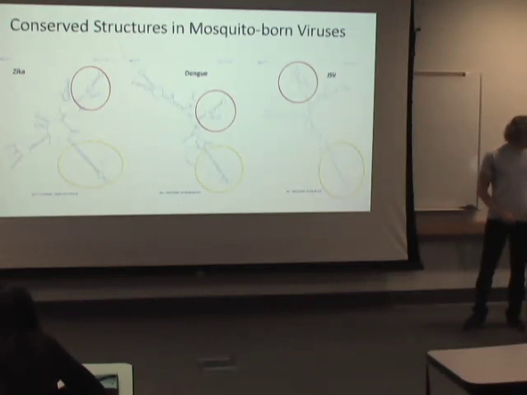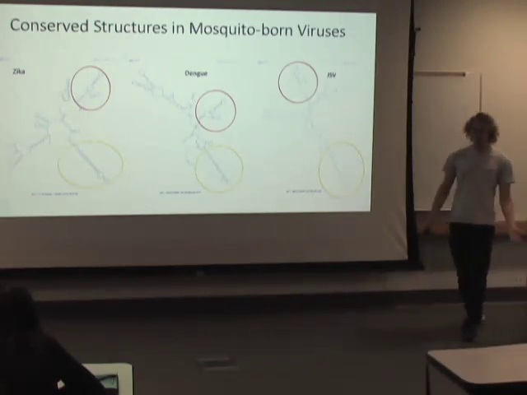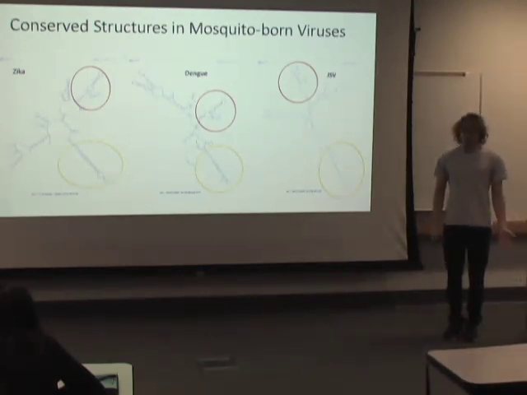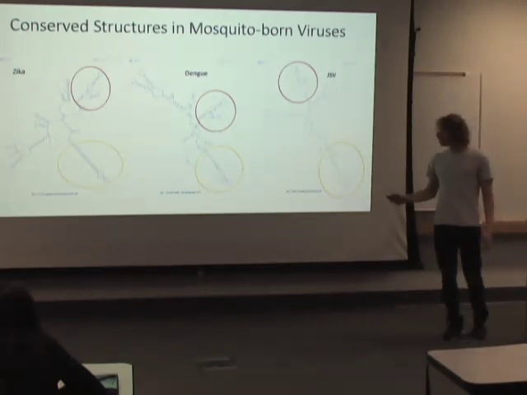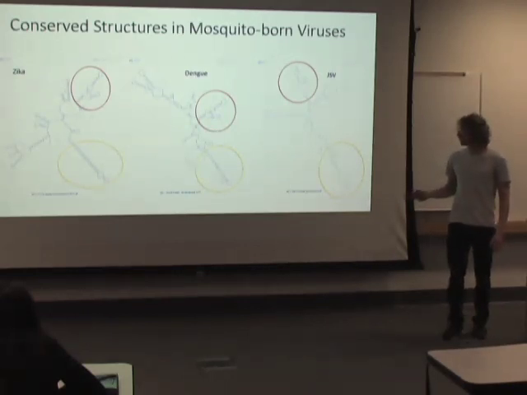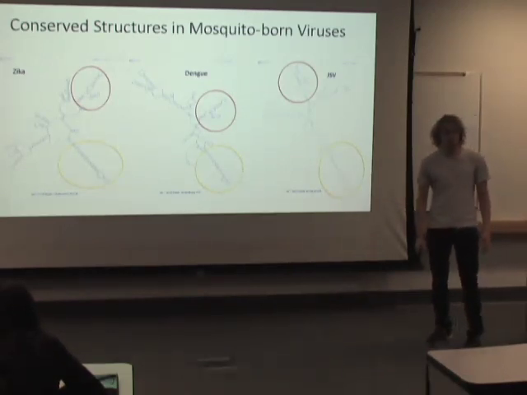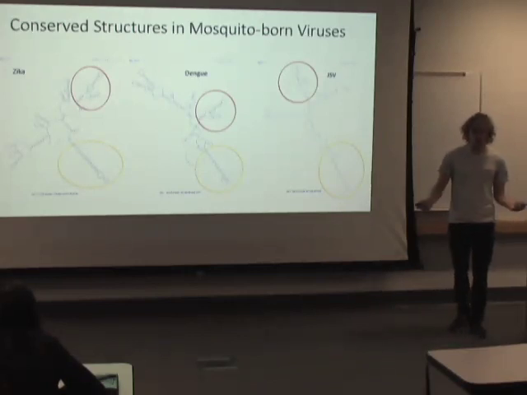So let's take a look at why we want to look at the UTR. It turns out that parts of the UTR we see in Zika are conserved all throughout the flavivirus family, which suggests that there's some evolutionary importance to having this UTR in the first place, and that it performs some important unknown function.